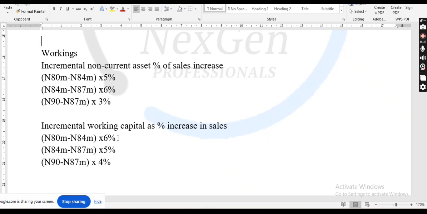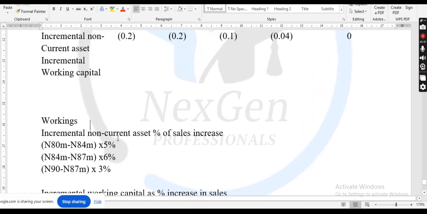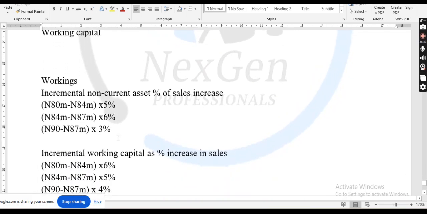So you can give me the figures for year 1, year 2, year 3, year 4, year 5.